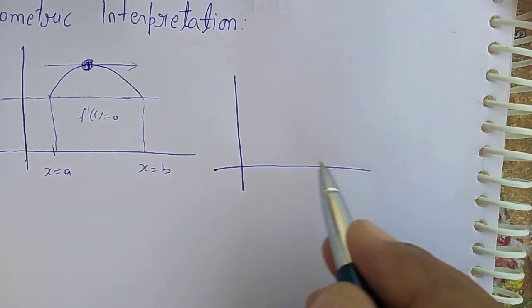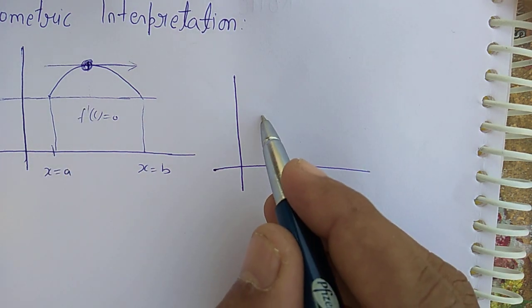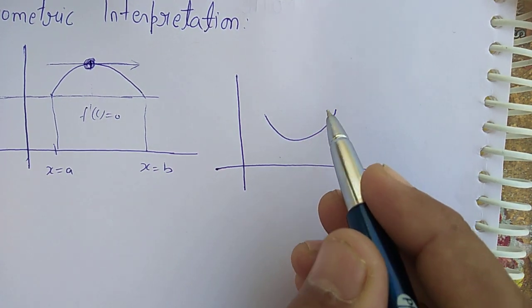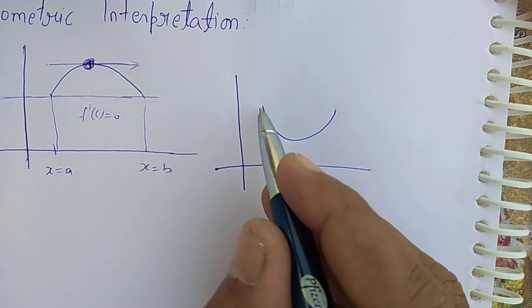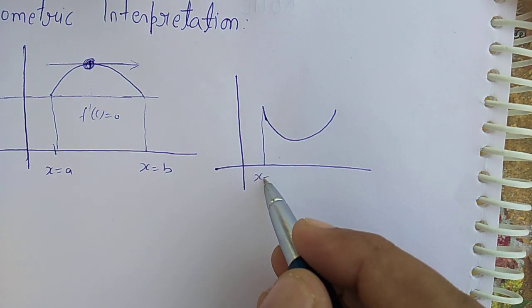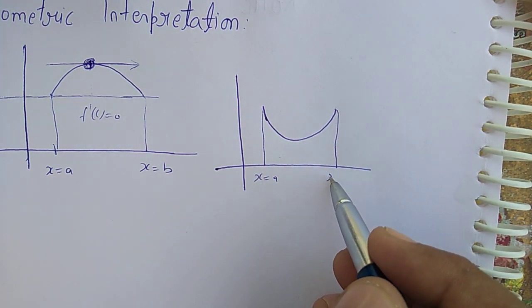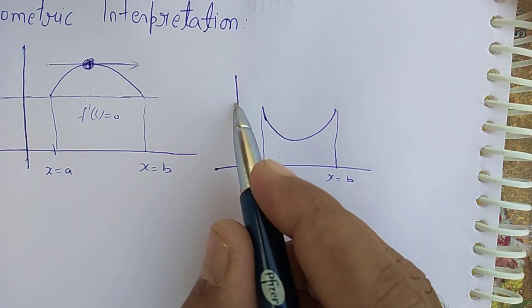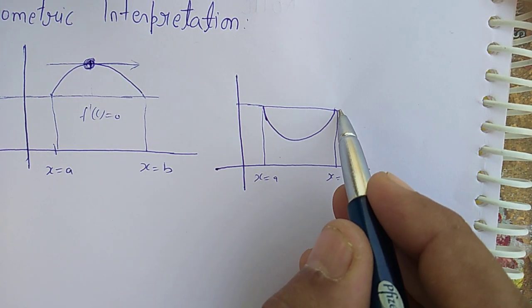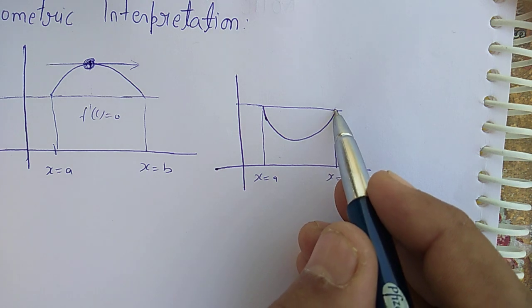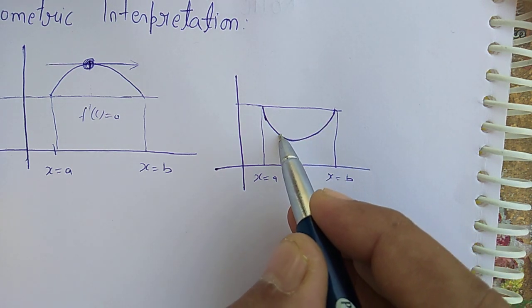So let us see the second case. This is the point of maxima, and if you have it in this way, fine. So let x equal to a here and x equal to b here. If you take this f a equal to f b, it means your graph has taken a u-turn here.